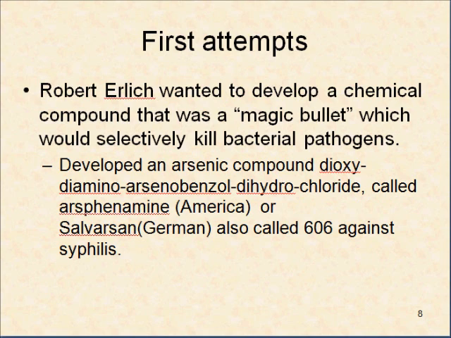It did have a couple of other names. It was arsphenamine, or phenamine in America, and it was called Salvarsan in German. It's also called compound 606. In any case, this was used in the treatment of syphilis.